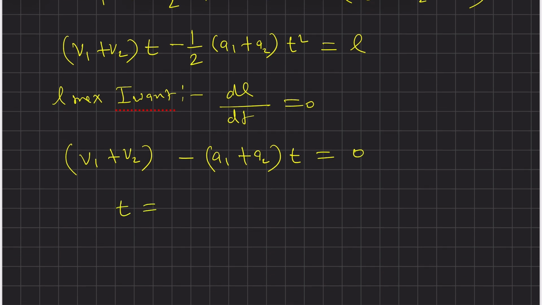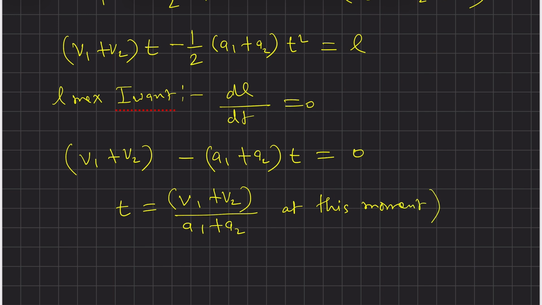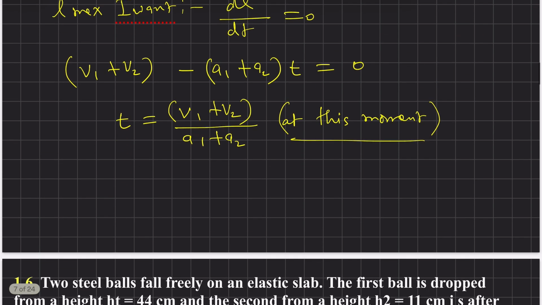It is simply v1 plus v2 divided by a1 plus a2. So at this moment they should meet, and then we will have L maxima. So let's put this value in the L function. So L max should be what, guys?